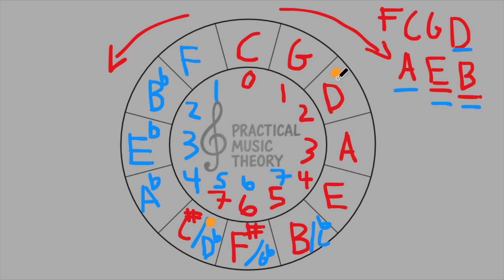Now, if I go right 1 from D major, I run into A. But what you'll see here is if we're going left around the circle of fifths, we're adding flats, which means if we're going right, we're adding sharps. So as I add a sharp from D, I go to A major.